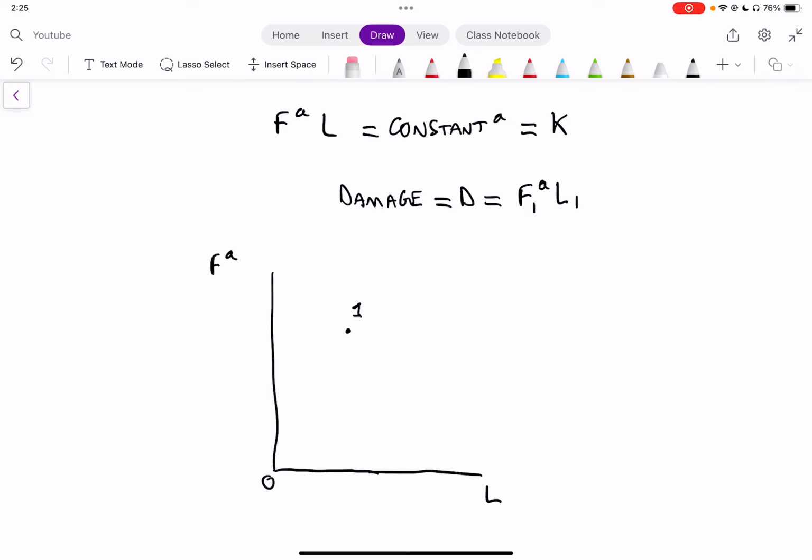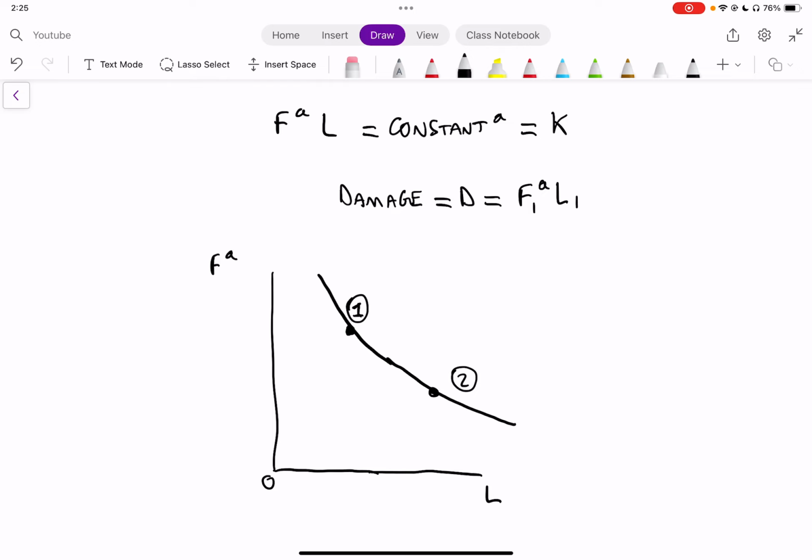We're going to call this 0.1. And a little bit further down, we're going to have a 0.2. And if we join this graph together and add more points, we find that we have some sort of parabolic shape that is going to determine our damage equation.